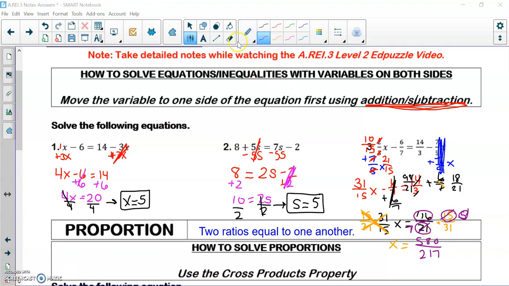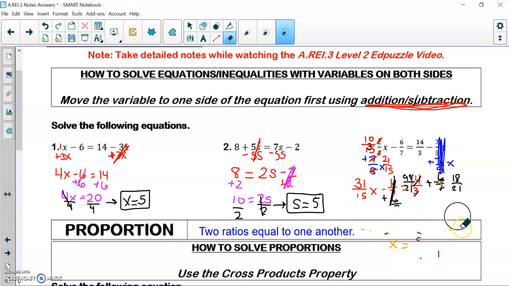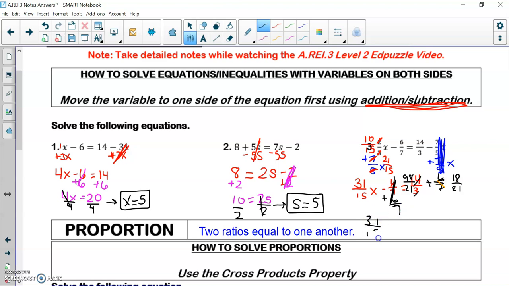Or, I did say I was going to show you a different way to do this problem. So actually from this step here, where we have 31/15x is equal to 116/21, what you could do is take care of the 31 divided by 15.